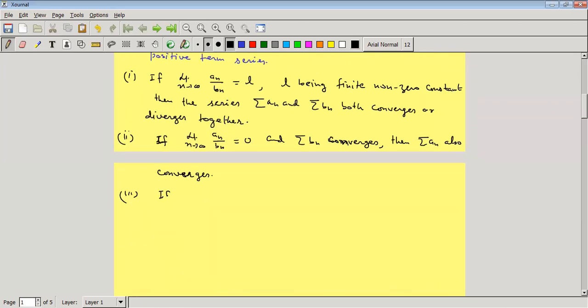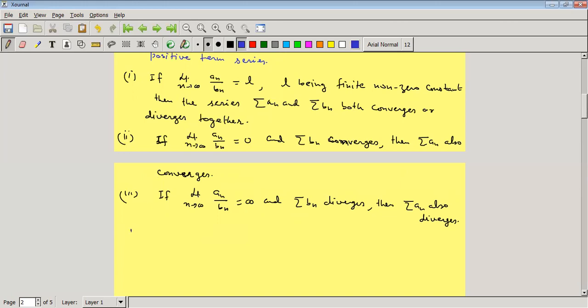If the limit of an upon bn is infinite, and summation bn diverges, then summation an also diverges. So these are three very important points related to the comparison test.